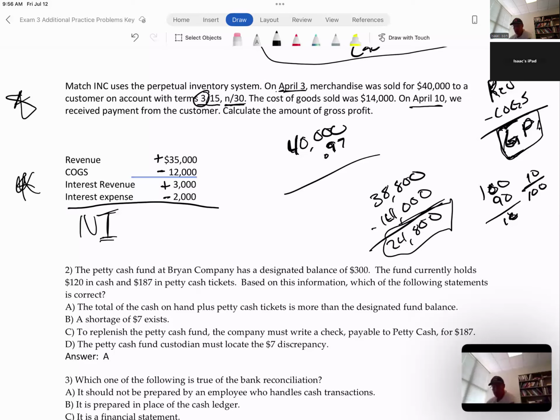And so then we would just calculate the net income: 35,000, 12,000, 3,000, and then negative 2,000. So 24,000. Here's our net income.